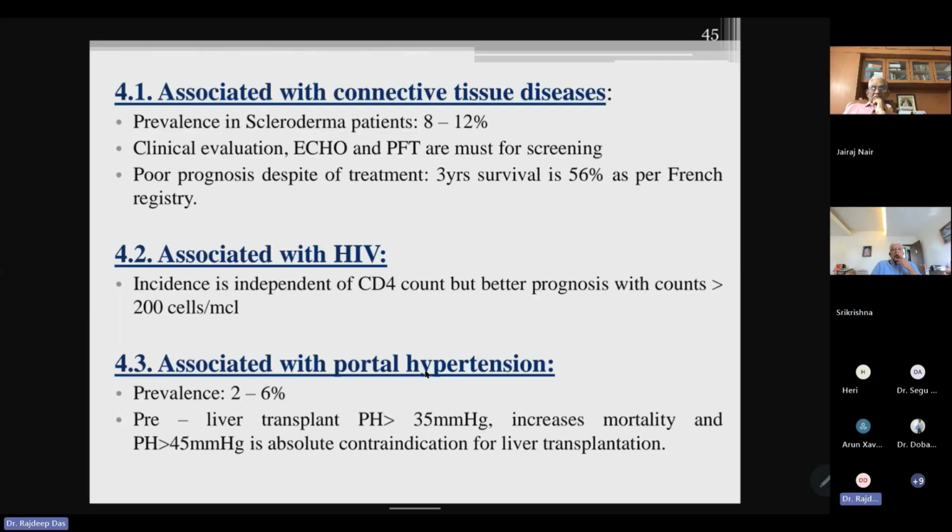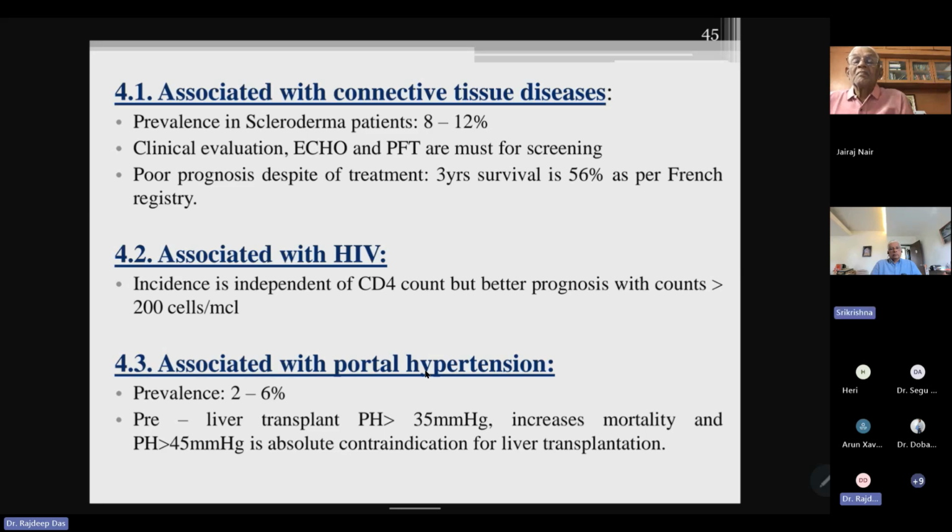Associated connective tissue diseases: 8 to 12% of scleroderma patients may develop pulmonary arterial hypertension. In HIV patients, the incidence is independent of CD4 count but prognosis is better with counts more than 200. Associated with portal hypertension, 2 to 6% of patients show pulmonary arterial hypertension.